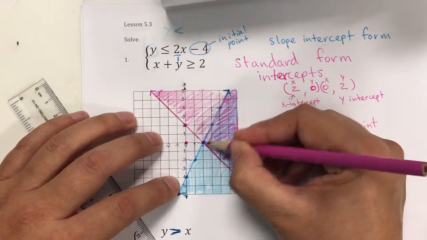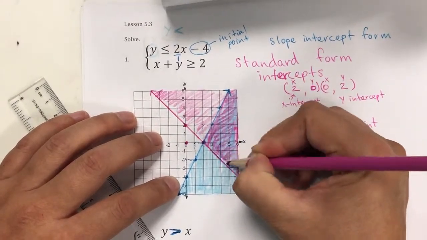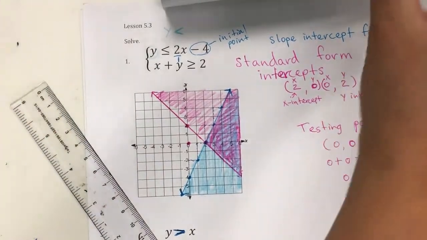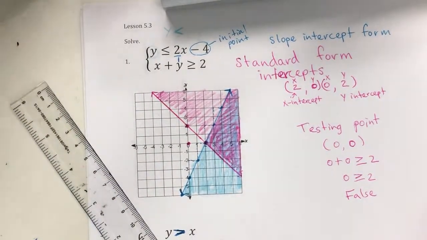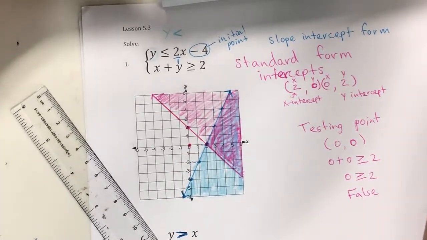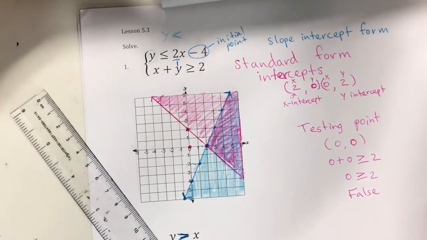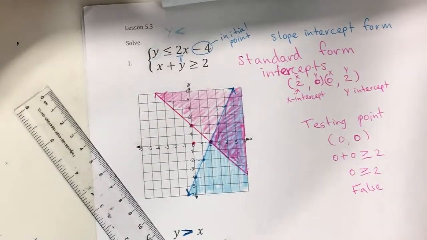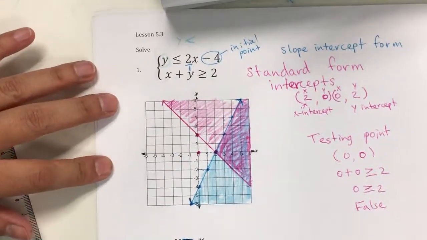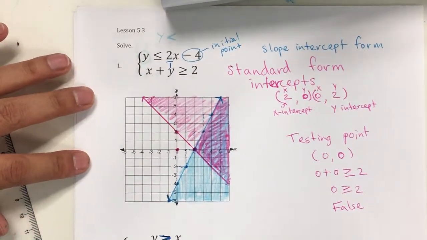Those are the solutions. And so I want you to take a minute to copy that down. I might be moving this because it looks like it's a little shaky. So take a minute to do that.